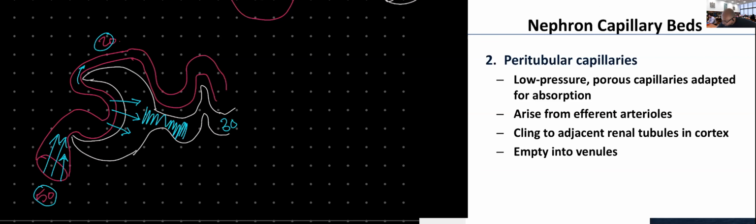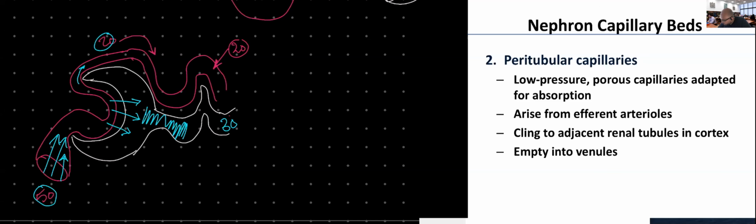Just being a continuation of the efferent arteriole, what is my pressure in the peritubular capillaries according to those numbers? In the peritubular capillaries, what is my pressure now? 20, like the efferent arteriole. I'm a continuation of the efferent arteriole.